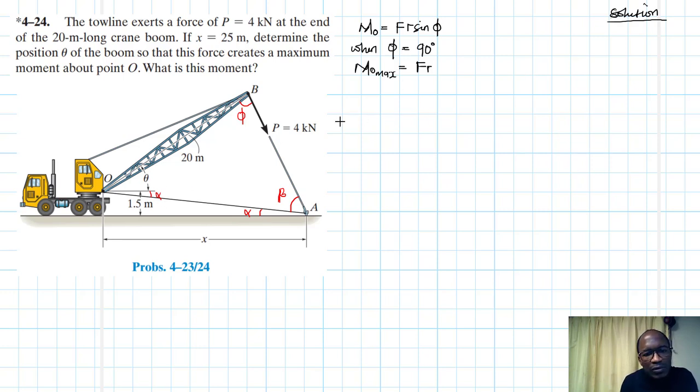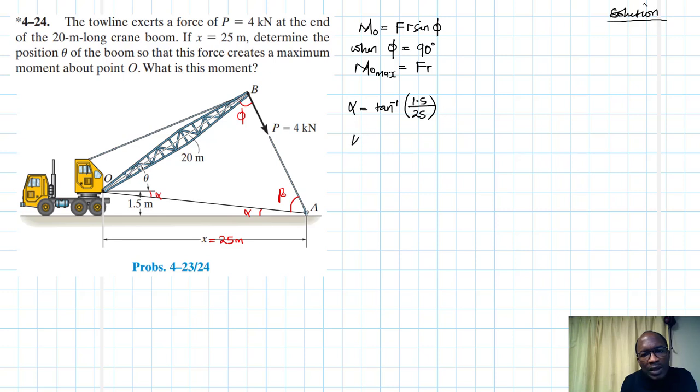But let's calculate alpha. We can calculate what alpha is because we've been told that X is equal to 25 meters. So using Pythagoras theorem, alpha is just going to be equal to tan inverse of opposite, which is 1.5, divided by the adjacent, which is 25.